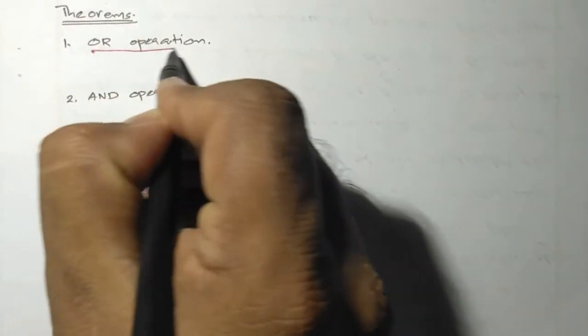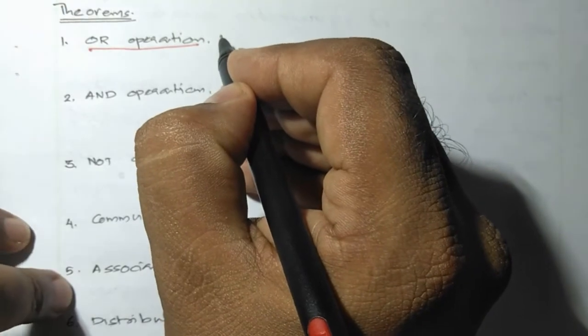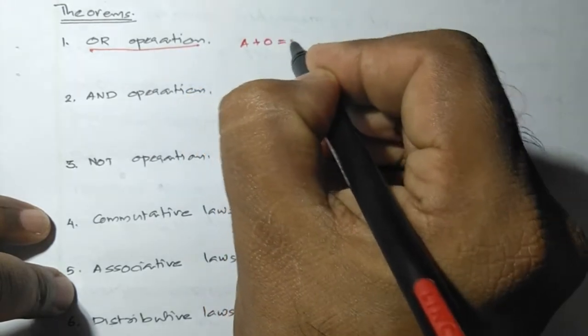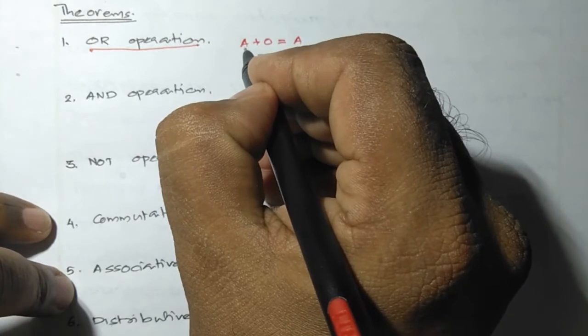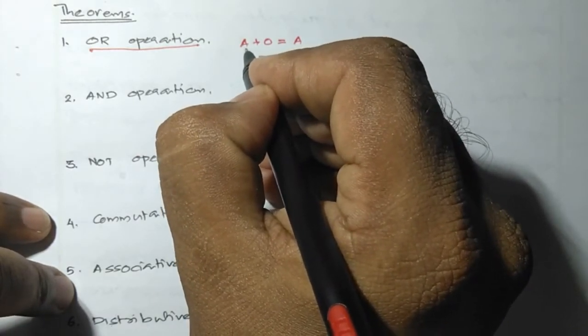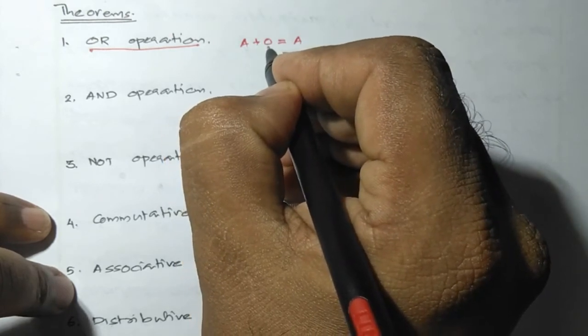The first theorem is concerned with the OR operation, a logical operation. The first theorem is A OR 0 equals A. This means A is a binary number which could be 0 or 1, which is ORed with another 0.